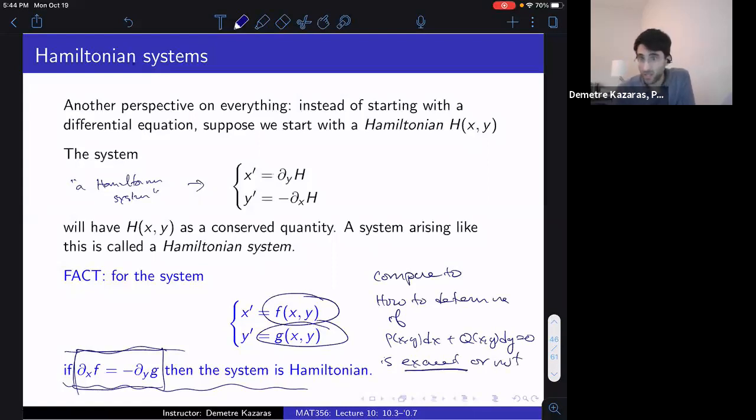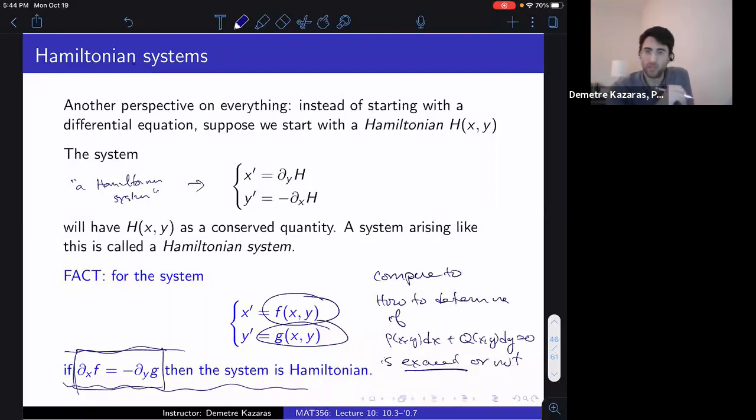Remember, there was a similar condition. That thing that I just wrote down is exact, which is to say the left-hand side is the total differential of a function of two variables, exactly when the y derivative of P is equal to the x derivative of Q. That was the condition we needed to check to see if this was a total differential of a single function of two variables.